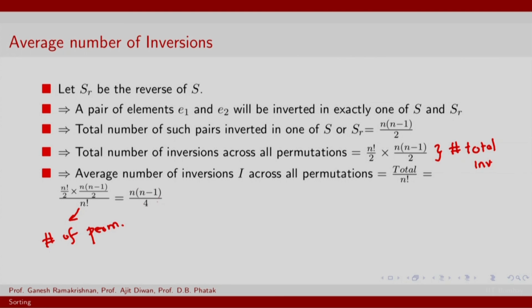So this ratio turns out to be n into n minus 1 by 4. Effectively all we are saying is the number of pairs inverted in one of S or SR is n into n minus 1 by 2, and we know that this contributes half to SR and half to S. So half of this should actually be the average number of inversions. That is an easier way of rationalizing.